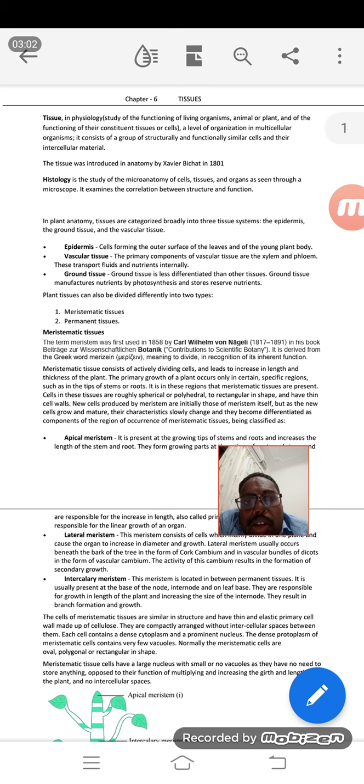And what is the importance of studying these tissues? In the human body we have a lot of systems functioning inside: digestive system, cardiac system, nervous system. It is very difficult to study a cell in front of the eyes.